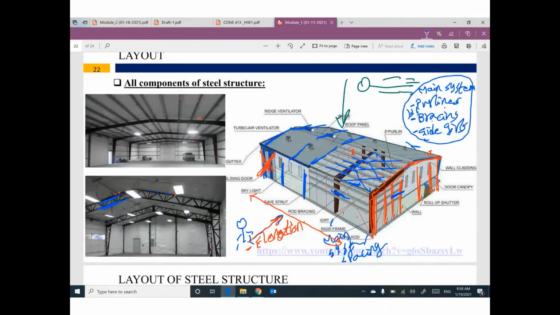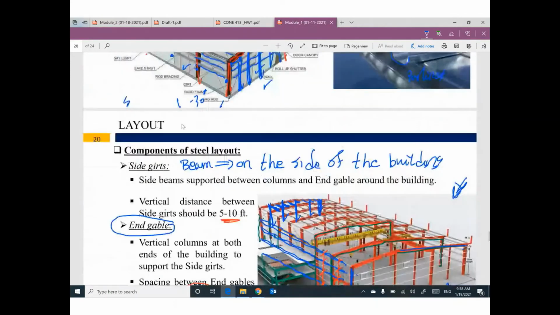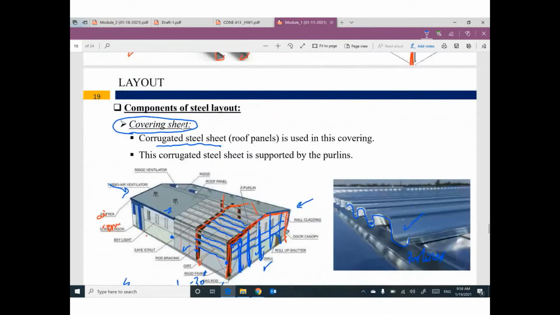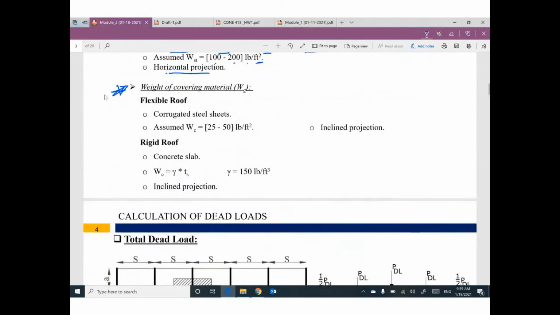To cover the purlin, we have something called corrugated sheet. Sometimes this corrugated sheet is filled with concrete. Sometimes we don't have concrete, we have only corrugated sheet. So your roof or your covering material, sometimes it's a flexible roof, just only corrugated steel sheet.